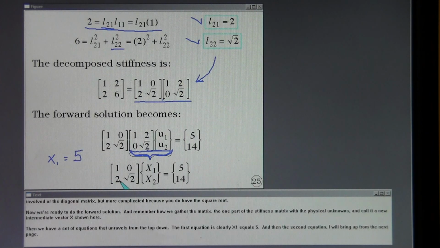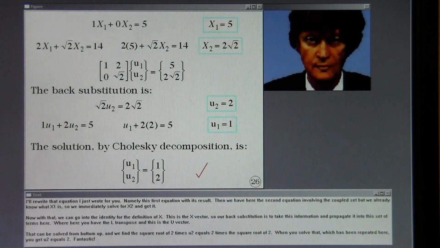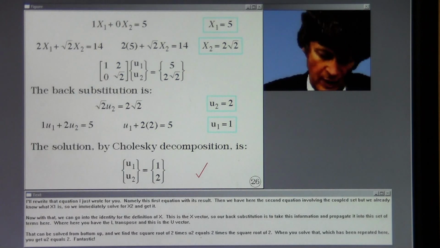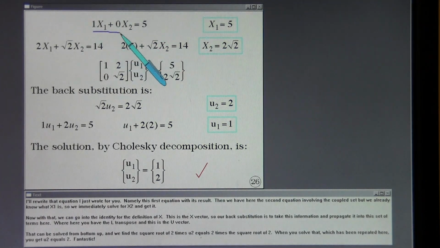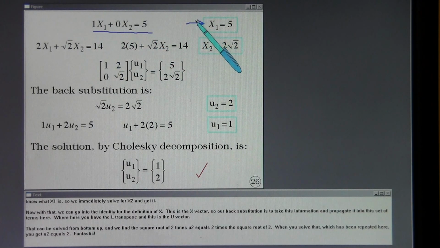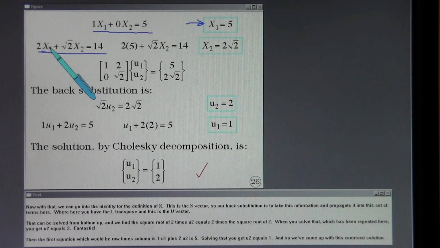And then the second equation I will bring up from the next page. I'll rewrite that equation I just wrote for you, namely this first equation with its result. Then we have here the second equation involving the coupled set, but we already know what x1 is, so we immediately solve for x2 and get it.